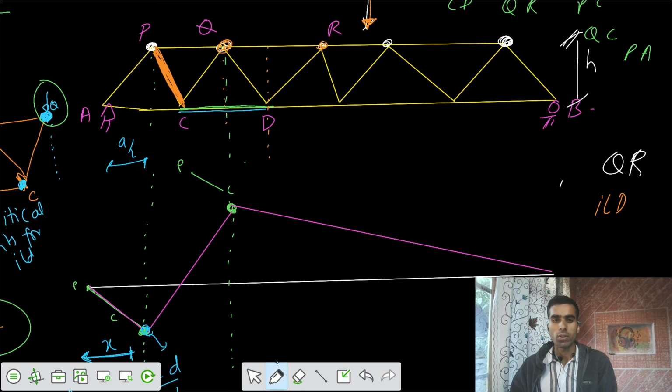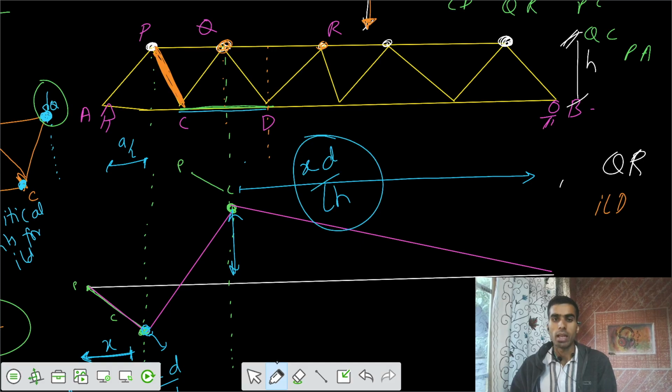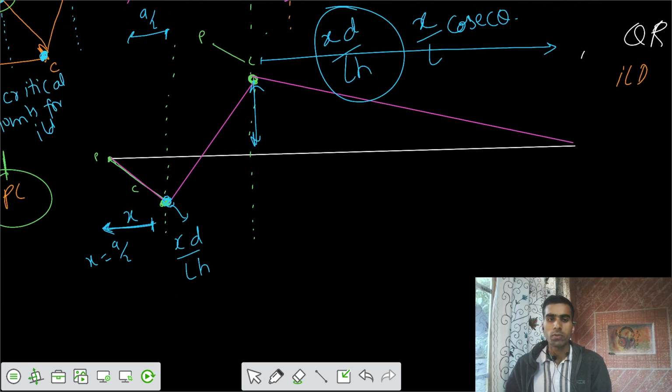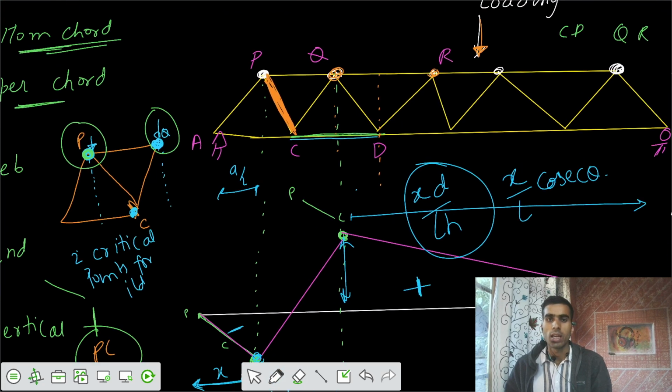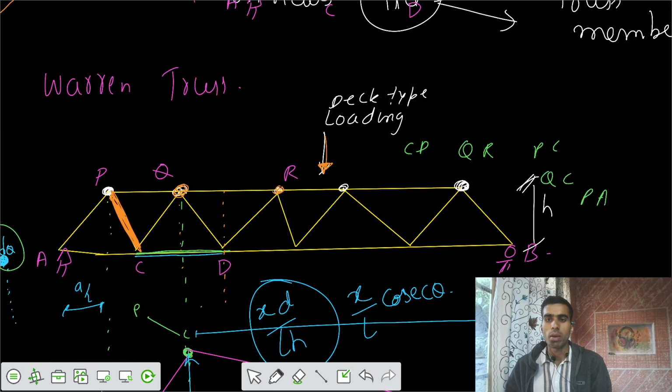For this ordinate, you have to go this much, that's your x, and the ordinate equals xd by lh. That's also equal to x by l of cosecant theta. So this is your negative side and this is your positive side of the ILD. Let's take the fourth case, that's your member QC.